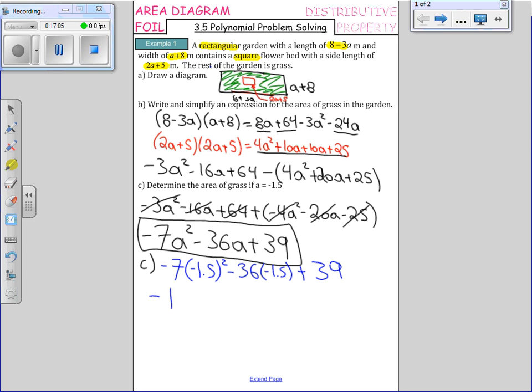Everybody got that? Your second term. Go negative 1.5 times 36. That'll give you negative 54, correct? And if you subtract the negative, what do you do? It makes it positive, so positive 54.